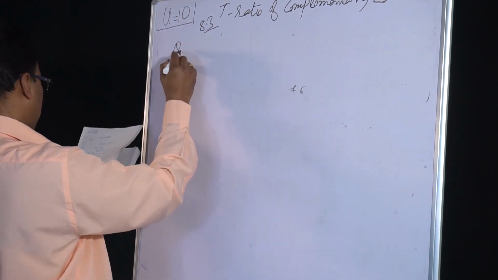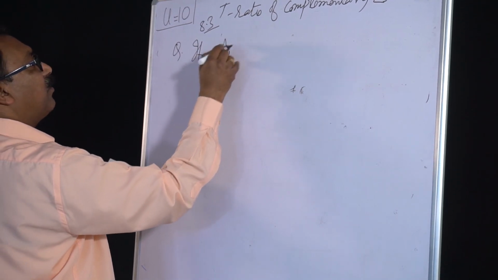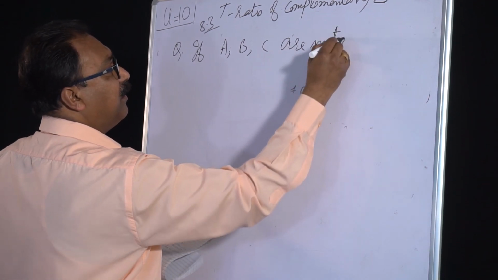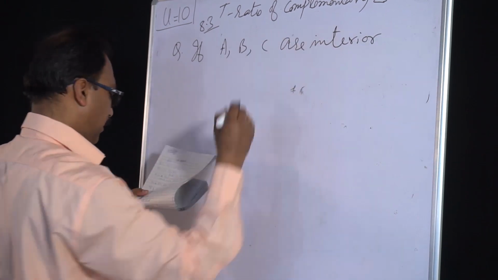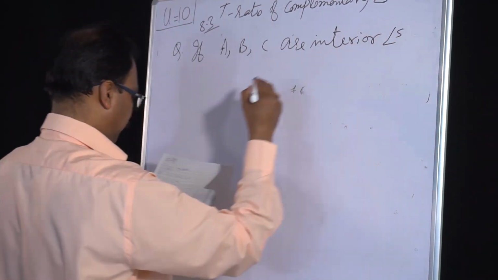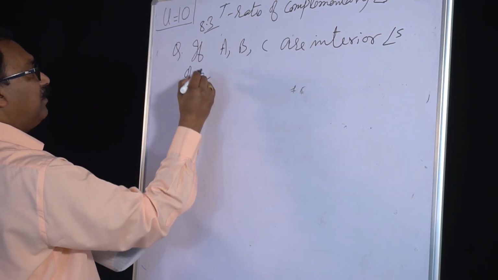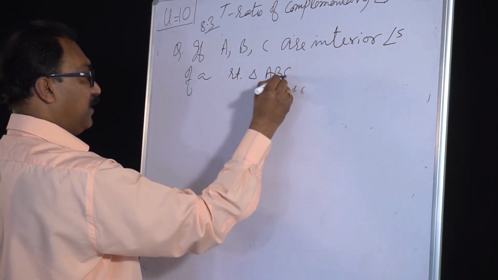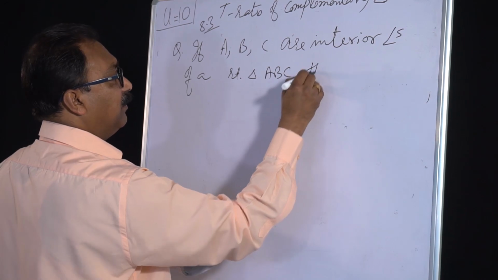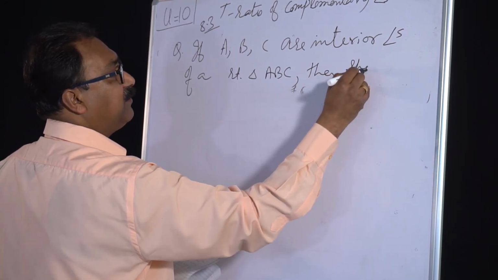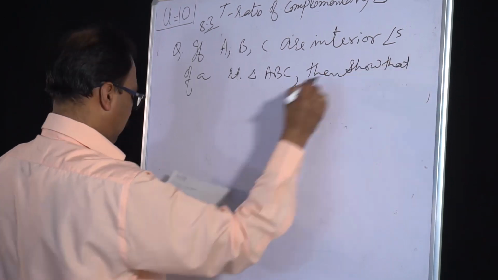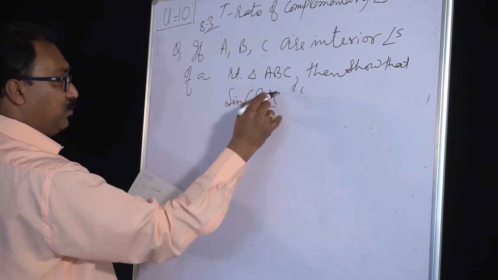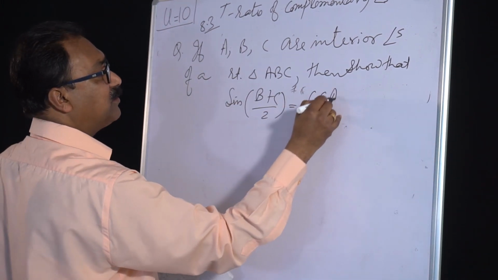The question: if A, B, C are interior angles of a right triangle ABC, then show that sin of (B plus C) by 2 is equal to cos A by 2.